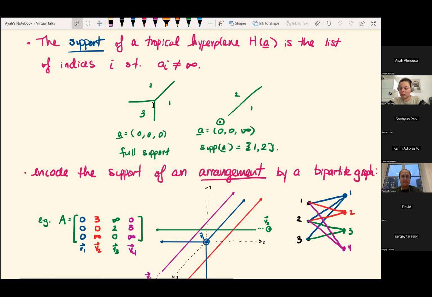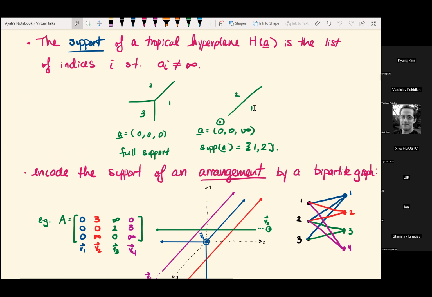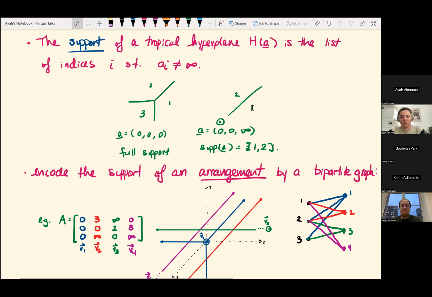But if I pull the apex to infinity in any of the directions, then I get something that does not have full support. In this case, the support is 1 and 2, because I have the sector that corresponds to x being the max, and the sector where y is the max. That's why these are the support.